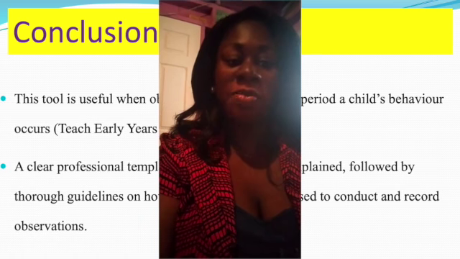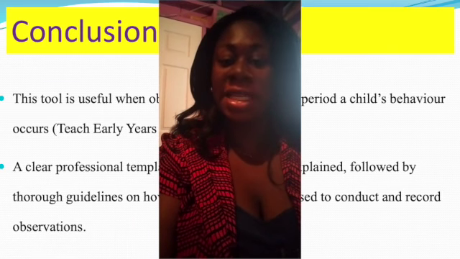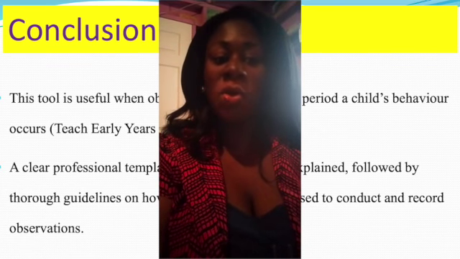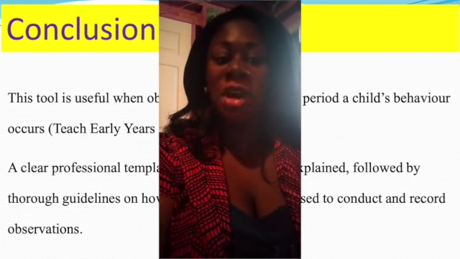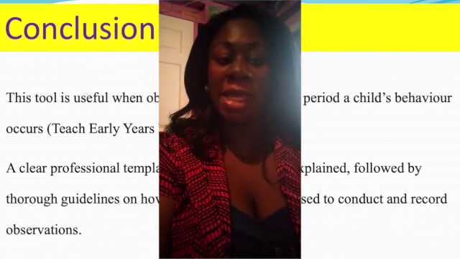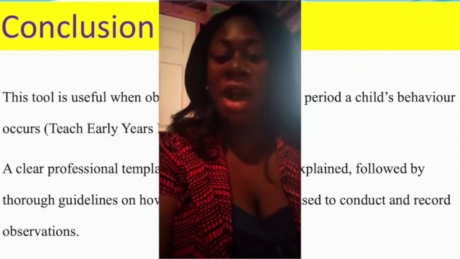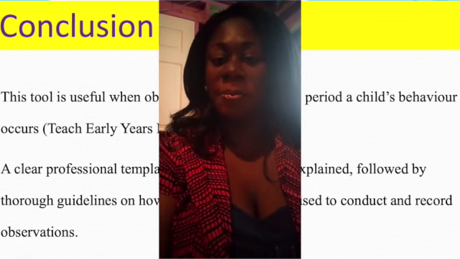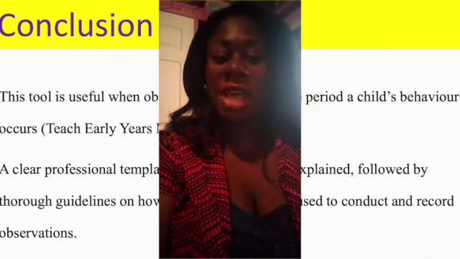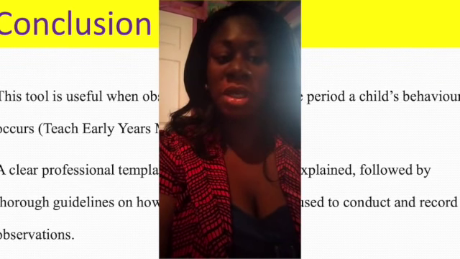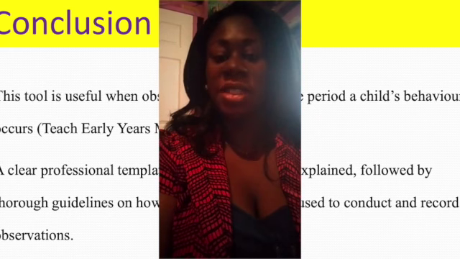The limitations and improvements of these tools were highlighted and discussed. A clear professional template was showcased and explained, followed by thorough guidelines on how time sampling can be used to conduct and record observation. All in all, time sampling can be an effective observation tool within the early childhood setting.